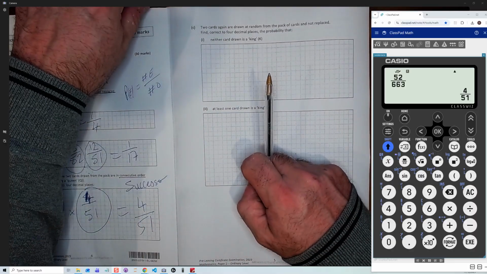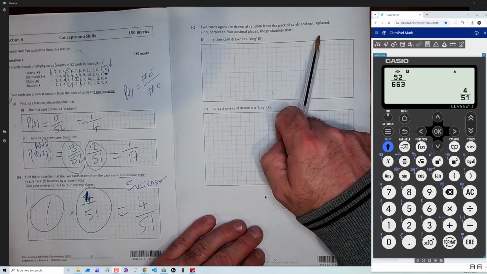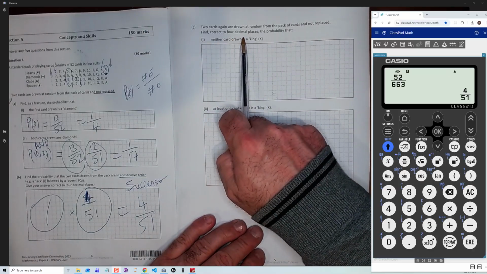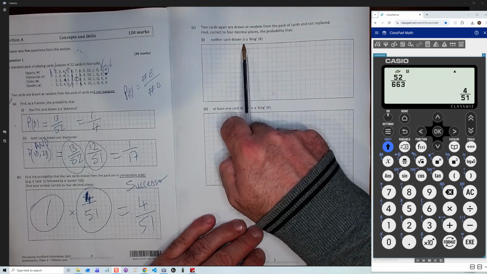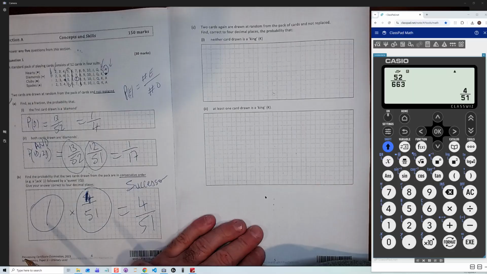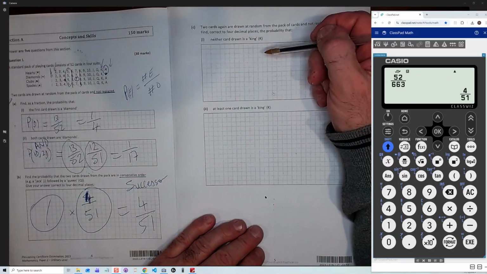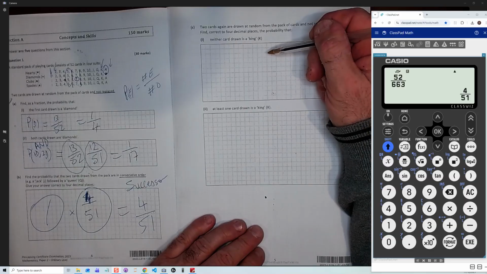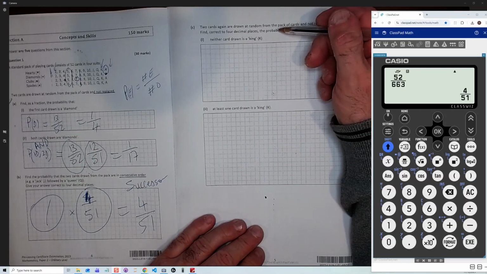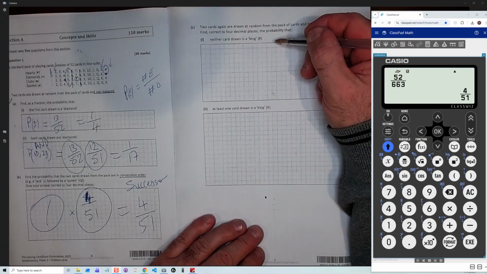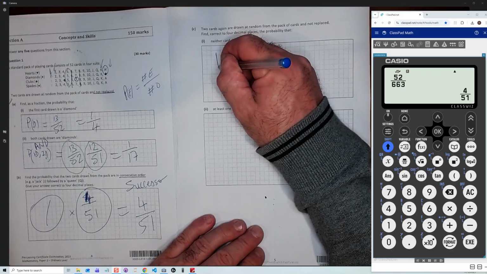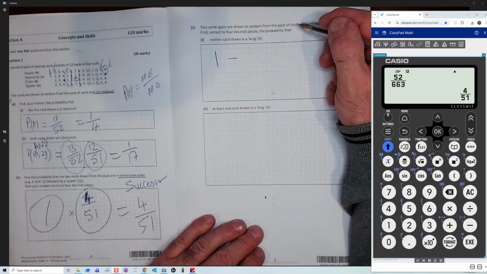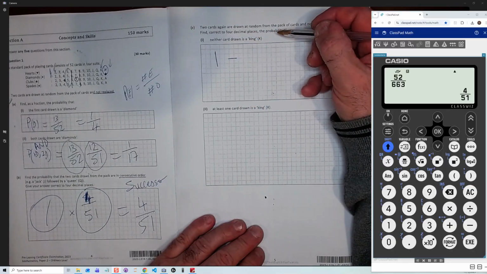2 cards are drawn at random from the pack of cards and not replaced. Find, correct to 4 decimal places, the probability that neither card drawn is a king. Now, thinking about this directly is quite complicated, but thinking of it as 1 minus kings being drawn.